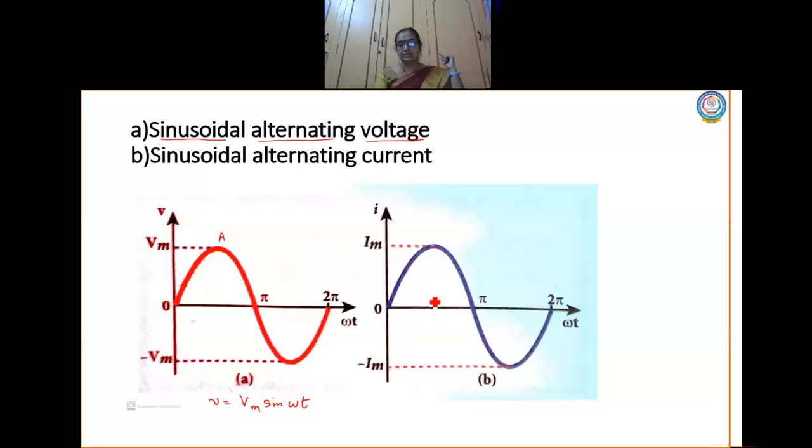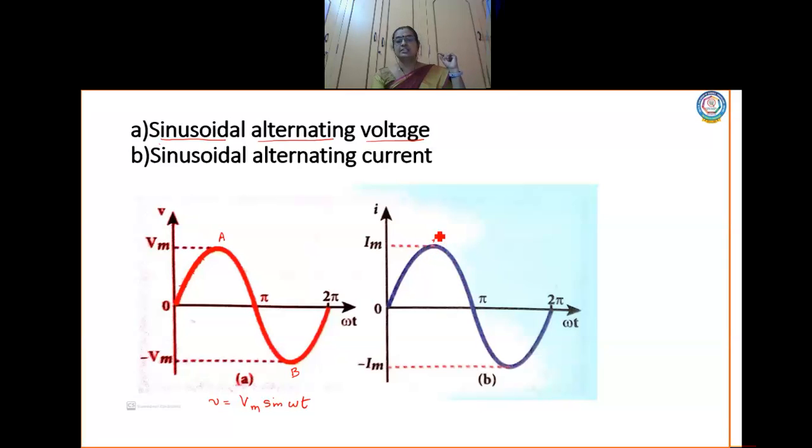So this is the graph. Now this is again a sine curve, and you have the maximum value for current. Now here you have maximum positive, here also you have maximum but in the negative direction. So the current that is produced, you call it as alternating current, sinusoidal alternating current.